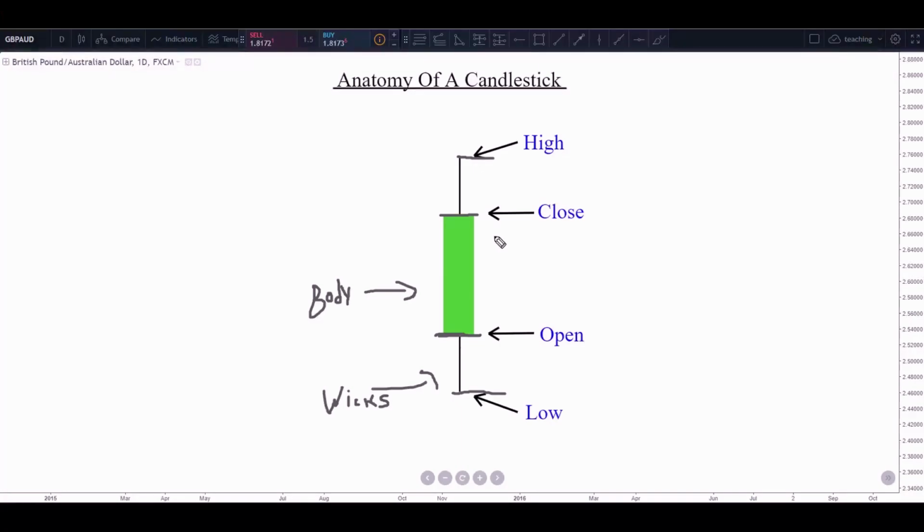So the 2 major parts of the candlestick are the body of the candle, which is shown by the filled in green part here, and the wicks of the candle, which are shown by these 2 lines at the top and the bottom. These 2 major parts of the candlestick represent 4 different things we have to pay attention to, which are the open, low, high, and close of the candle.